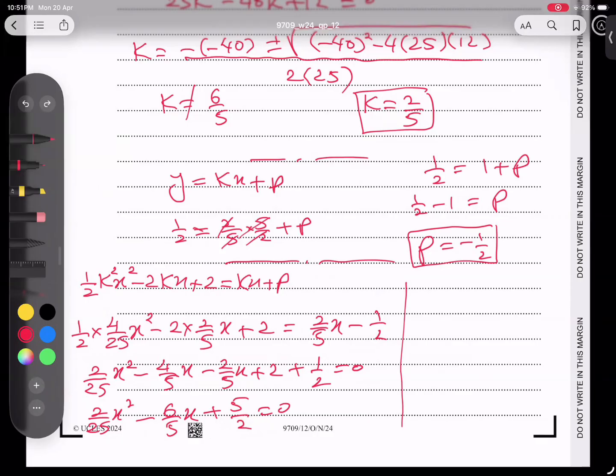If I multiply the whole equation by 50, what I get here is 4x square. So multiplying by 50 here, I'm getting 4x square. And when I multiply 50 here, I get 60x, and 50 times 5 over 2 here, so I'm getting 125, is equal to 0. Now, students, we can factorize or we can solve it.